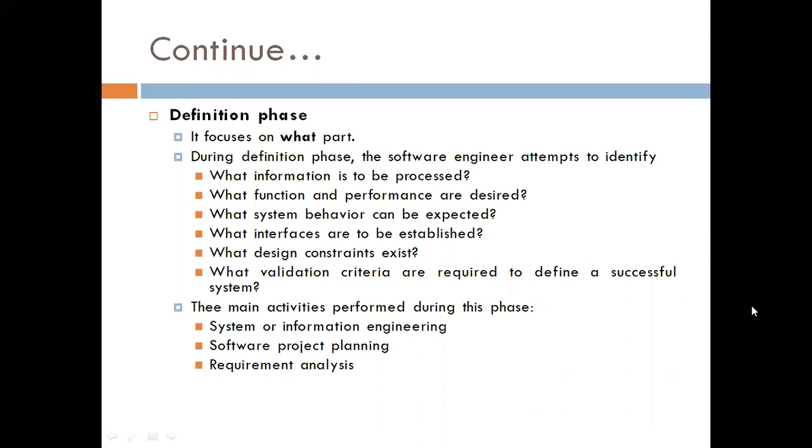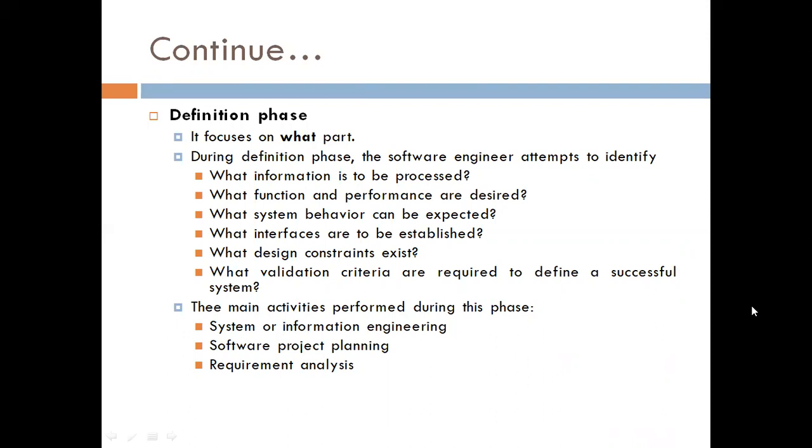So during this definition phase, the software engineer attempts to identify what information is to be processed, what function and performance are desired, what system behavior can be expected, what interfaces are to be established, what design constraints exist, what validation criteria are required to define a successful system.